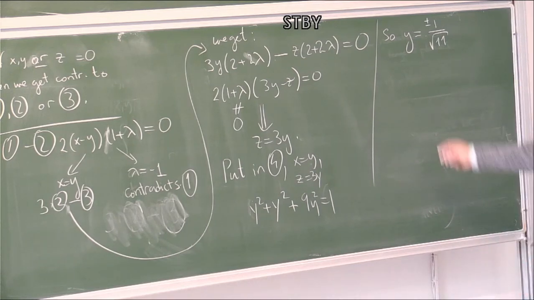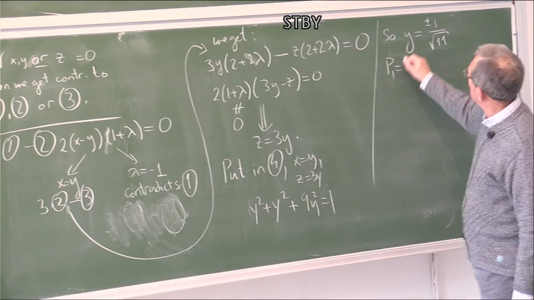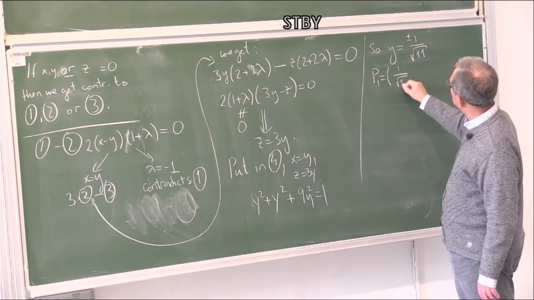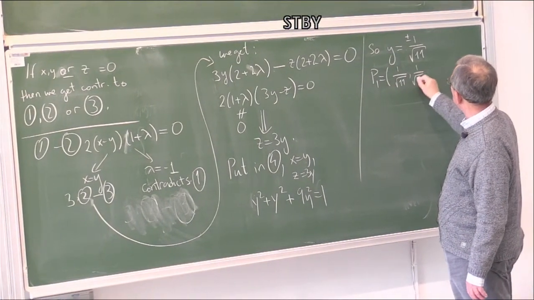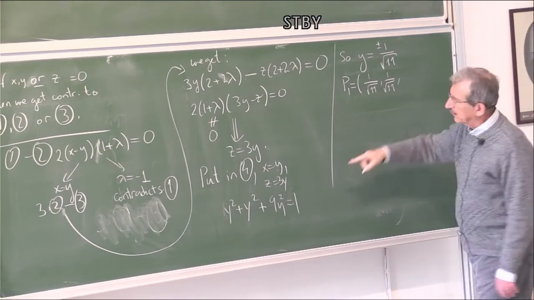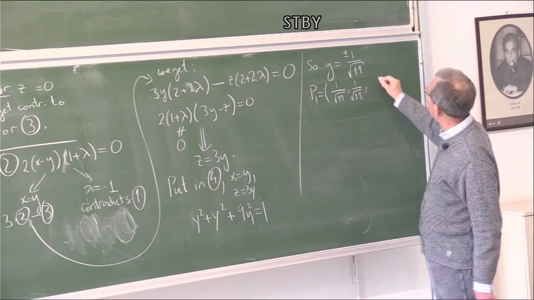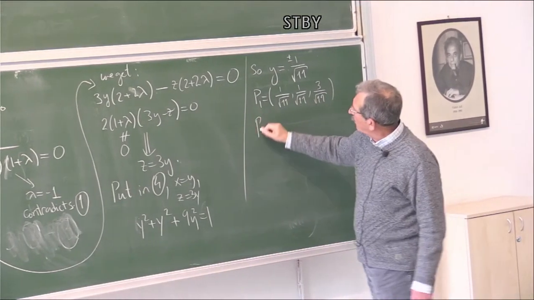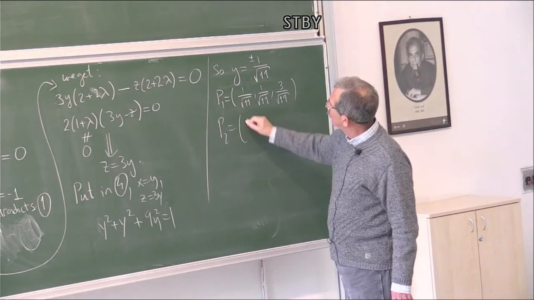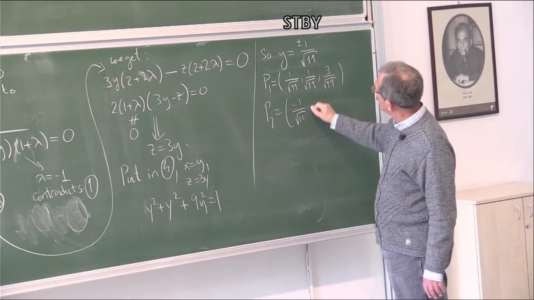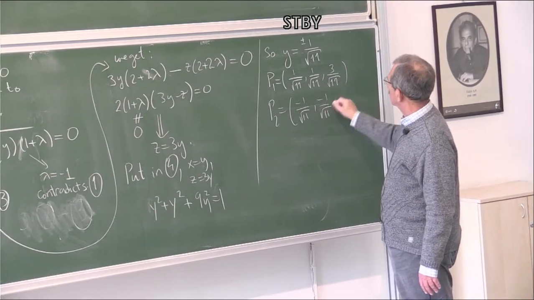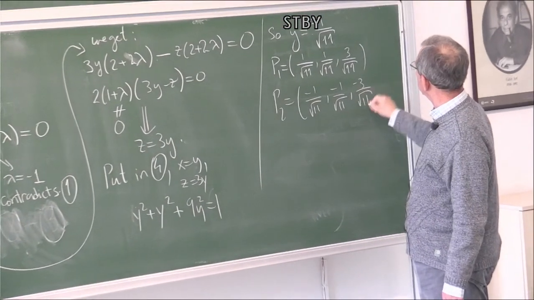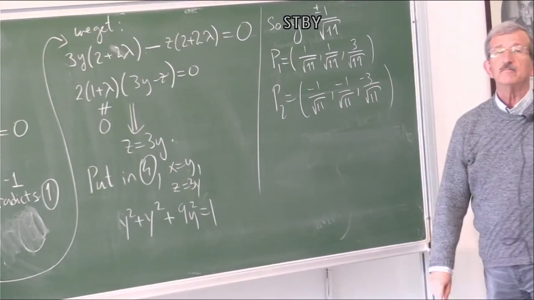So what are the points? x is equal to y, so it is 1 over root 11, 1 over root 11, and z is 3 times y, so it is 3 over root 11. And for P2, we take the negative root: minus 1 over root 11, minus 1 over root 11, and 3 over root 11 under the minus sign.